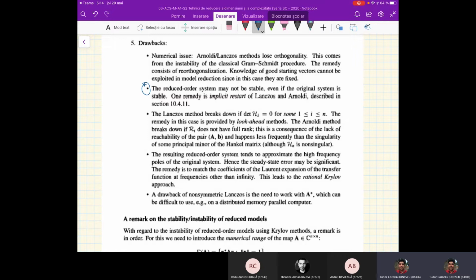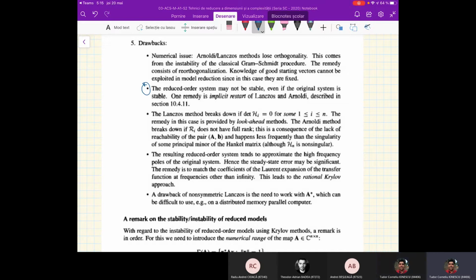Moment matching methods, neither Krylov nor Arnoldi, can preserve stability. However, you have another degree of freedom left, the choice of interpolation points. So that means that if you choose the interpolation points in a specific manner properly, you may enforce, or you may regain, the stability of the reduced order model.